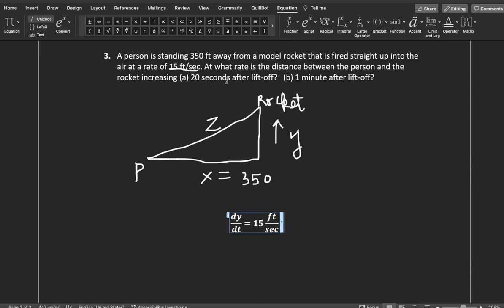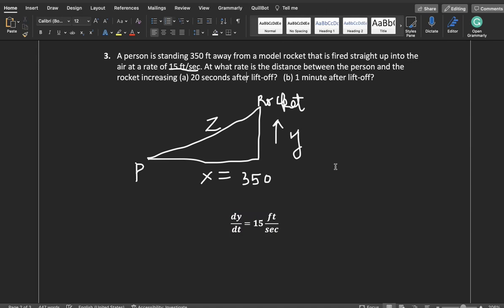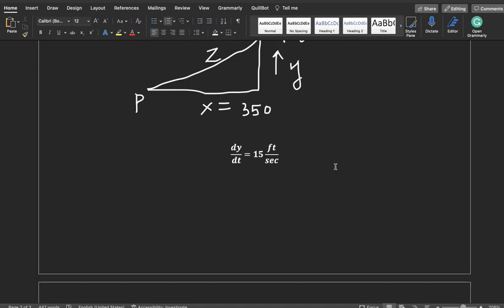And these are the two given times, A and B. So now remember that we know from the previous problem and Pythagoras' theorem that the hypotenuse squared is just equal to the sum of the squares of both sides.